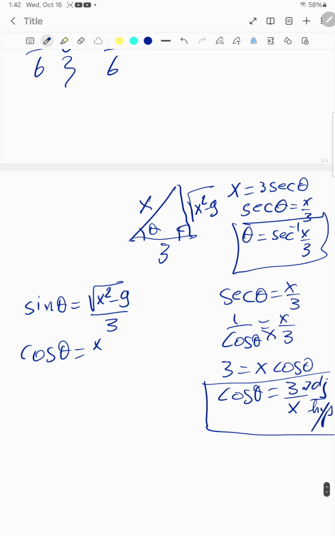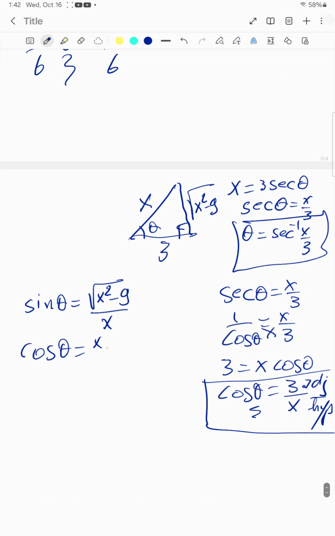So sine becomes square root of x squared minus 9 divided by the hypotenuse, which is x now, not 3. And the cosine of theta, because I was looking here, is supposed to give me 3 over x, and from what I drew, it was giving me x over 3. So it is adjacent, 3, divided by x.